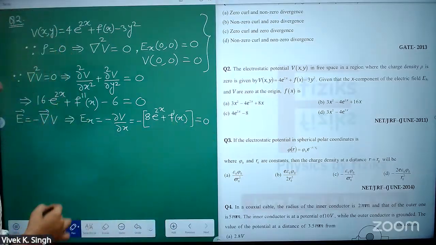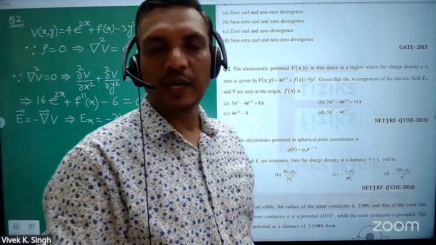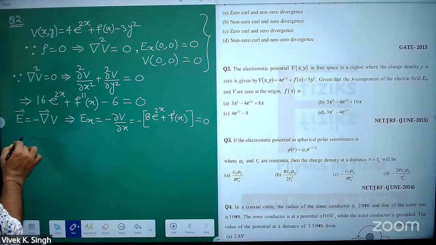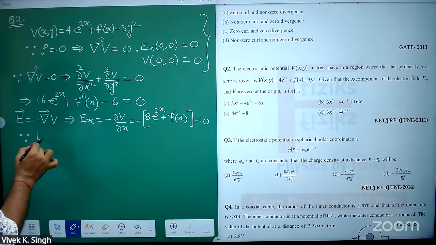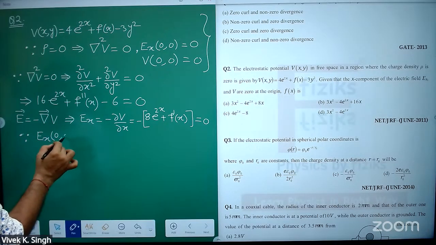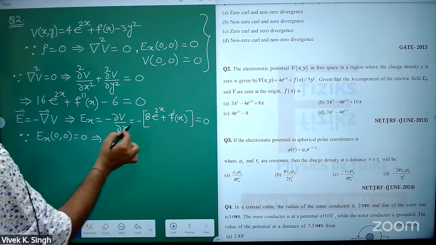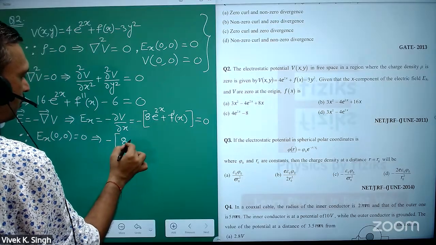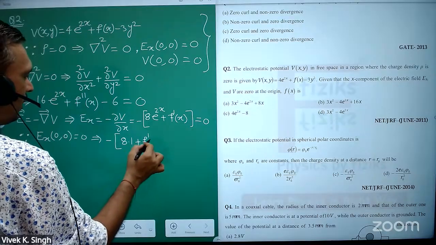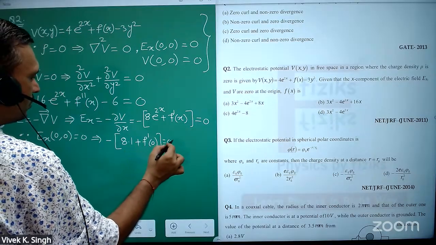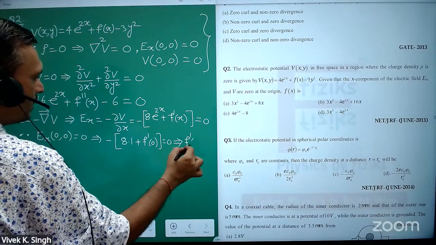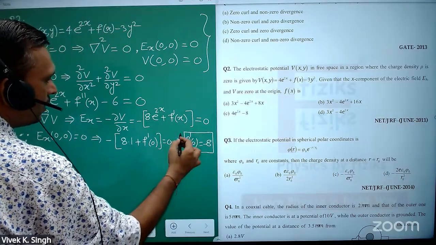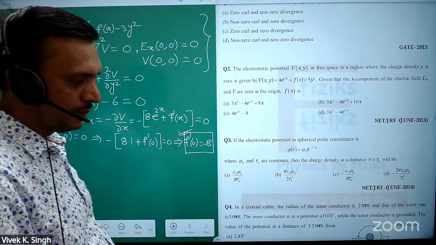This is a partial derivative, so if you are differentiating with respect to x, y will be constant. Now, since Ex at the origin is 0, this will give you minus 8 into 1 plus f dash 0 is equal to 0. So this will give you f dash 0 is minus of it. f dash 0 is minus of 8.